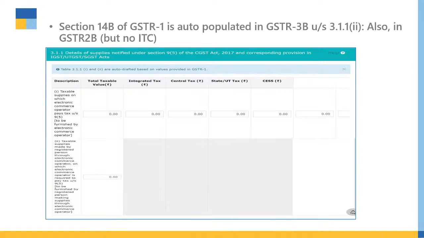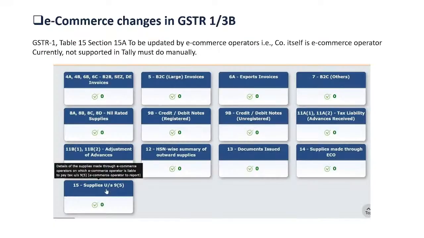Similarly, the other table, 15, talks about the e-commerce operators who are going to update this particular section, like Amazon or Flipkart, where the company itself is an online e-commerce business. The company itself is an e-commerce operator, so they have to update this section 15.